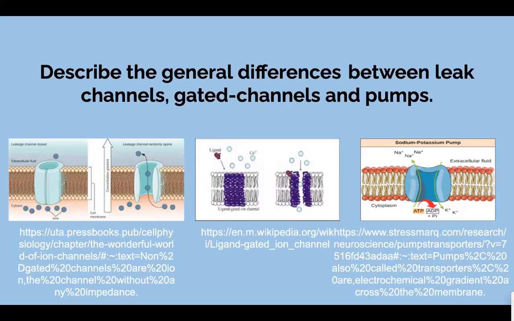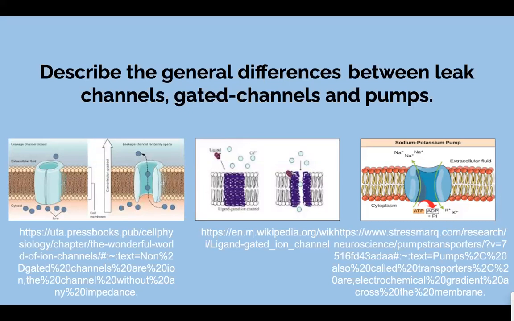For their selectivity, gated channels also exhibit selectivity based on size and charge, much like the leak channels, but they also pass through while restricting others. Examples of these channels include voltage-gated sodium channels, ligand-gated ion channels, and mechanosensitive channels.